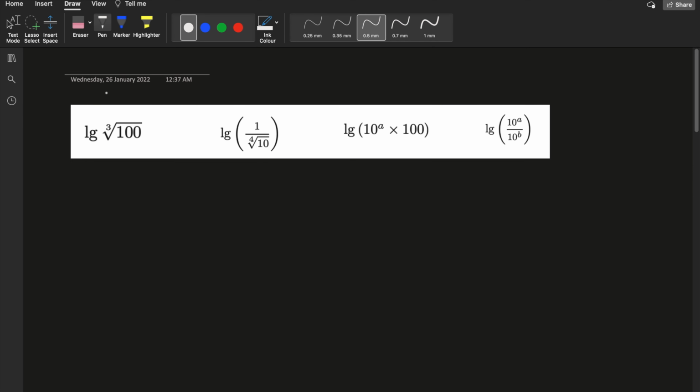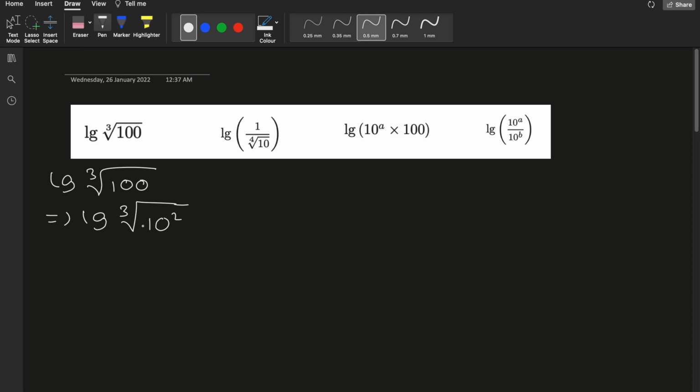Okay, so now let's start with this one. What we could do is rewrite this in the form of 10, because the base is 10 over here. So we'll have to find the cube root of 10 squared.